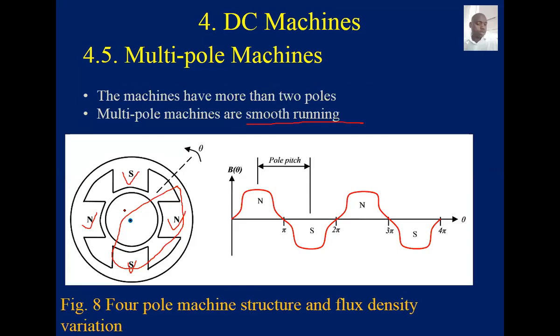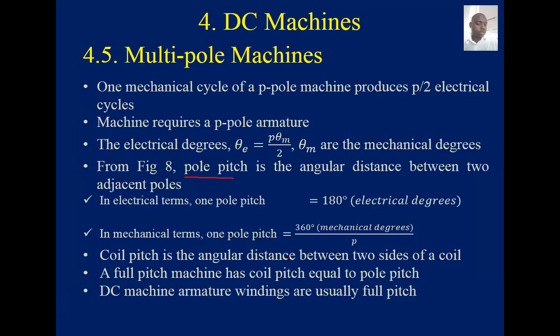We'll come back slightly. So the electrical distance between two adjacent poles becomes your pole pitch. From the north to the south, this will be your pole pitch, right? In electrical terms, one pole pitch is equal to 180 electrical degrees, right?